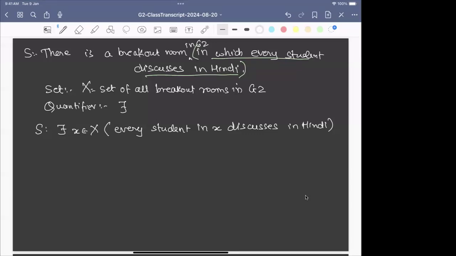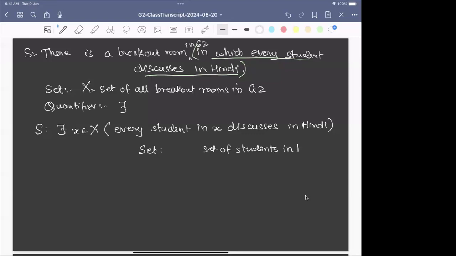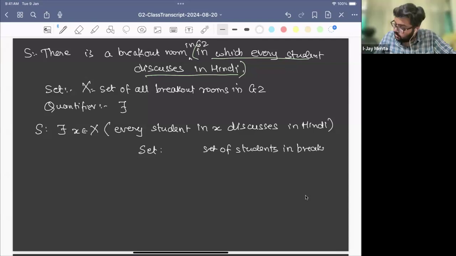In X. What is X? Students in the breakout room, right? Yes, sir. Okay, so this set is the set of students here. The other set is the set of students, where? In your college or my college or breakout room? In breakout room X.